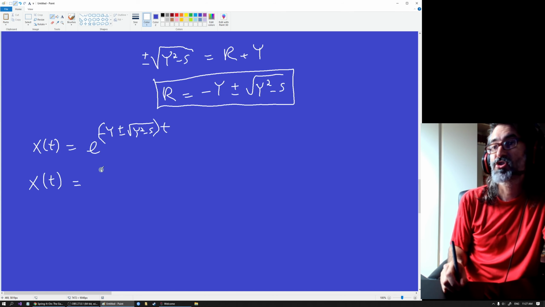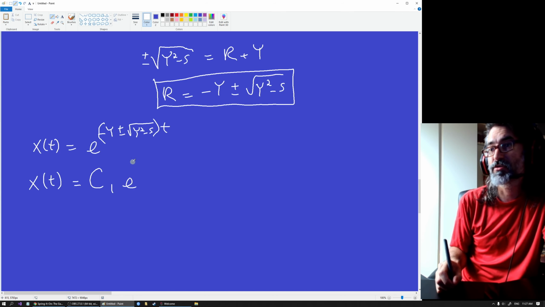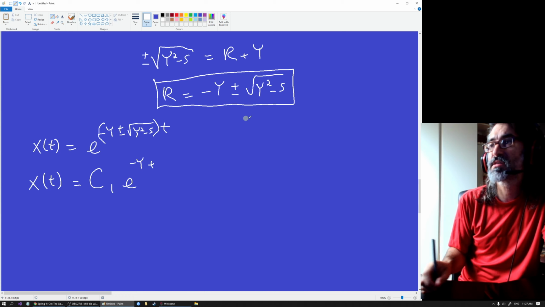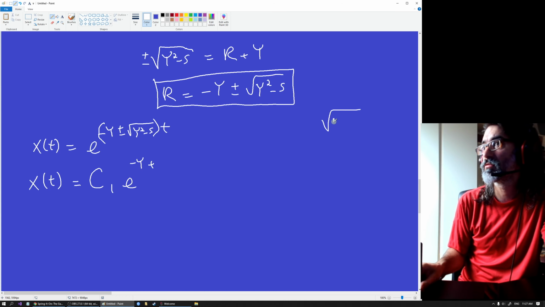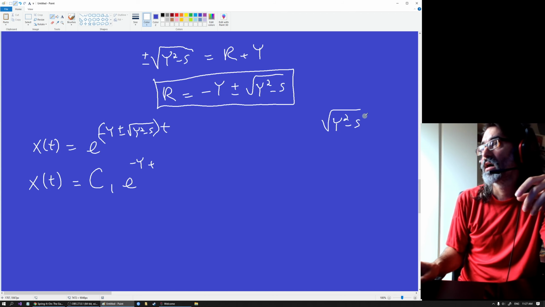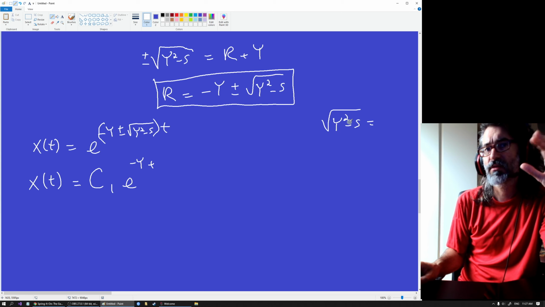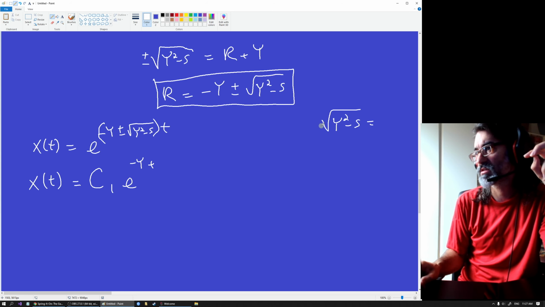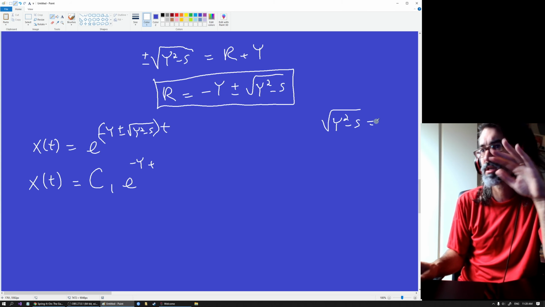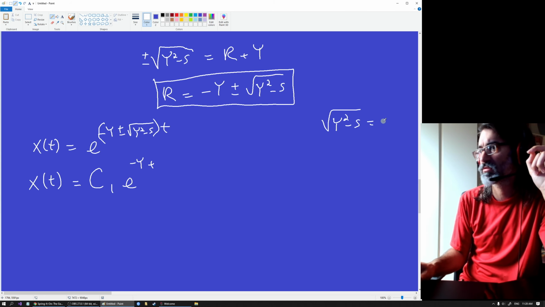some constant times our first solution plus, okay, let's call this something. I'm going to call this square root of y squared minus s, and I'm not going to think too much about what happens if it's negative for now. Obviously if this ends up negative, it's a square root of a negative number, there are going to be some imaginary numbers there, but let's not think too much about that for now.